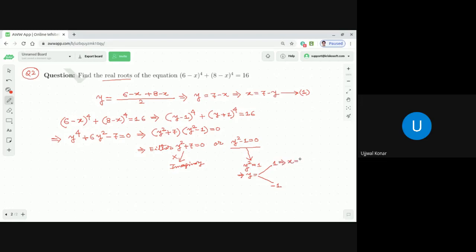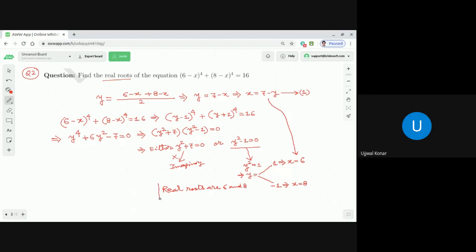It is 7 minus 1, that is 6. It is coming from the relation x is equal to 7 minus y. And when you take y equal to minus 1, then x is equal to 8. Correct or not? So the two real roots are 6 and 8. Absolutely clear, right?